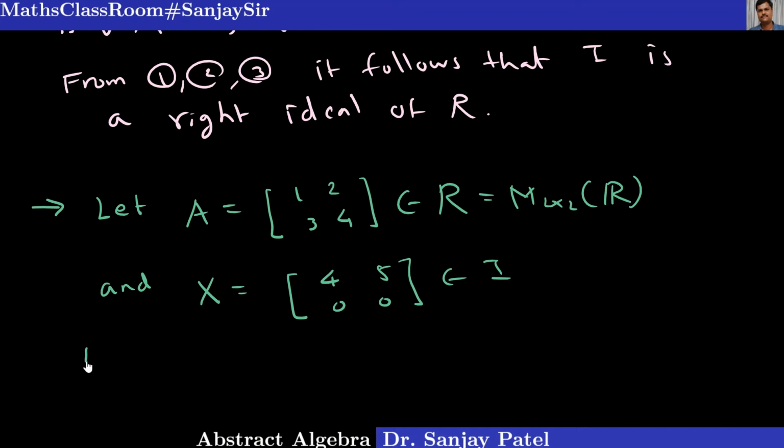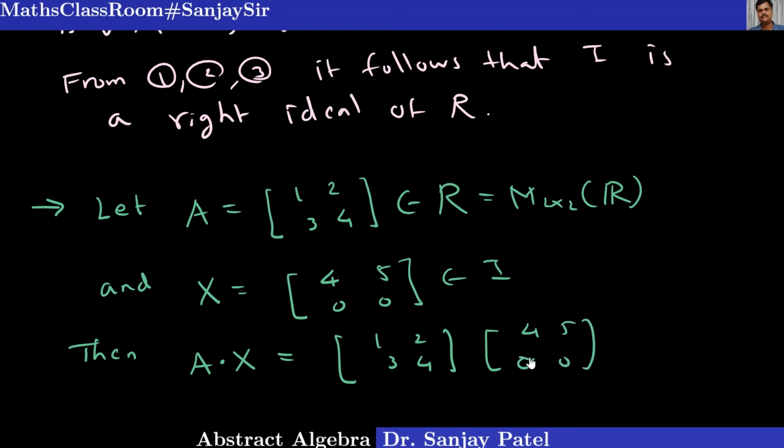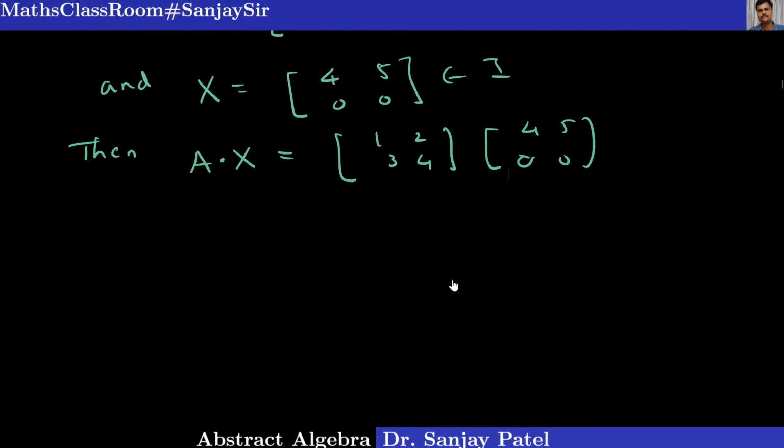Then if I multiply this ring element on the left hand side of the dot sign, that is, if I consider A into X, where A is 1, 2, 3, 4 and X is 4, 5, 0, 0. If I multiply these two, what I will get here is 1 into 4 plus 2 into 0, so 4. 1 into 5 plus 2 into 0, so that is 5.